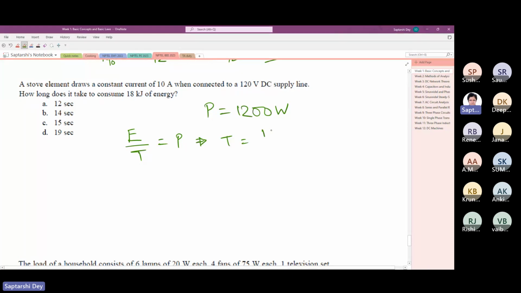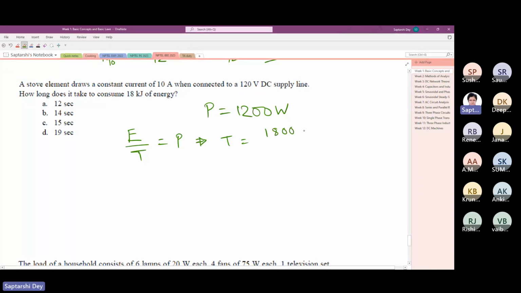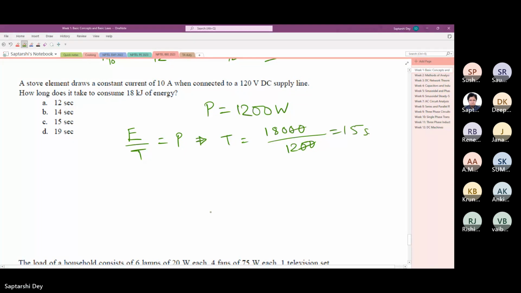So 18 kilojoule by 1200 watt is 15 seconds. Right? Okay, sir. Any doubt? No doubt.